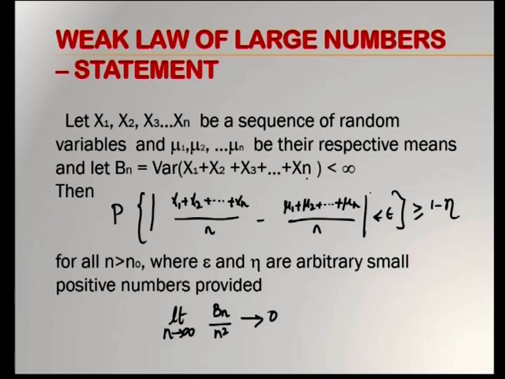If you take a sequence of random variables with their corresponding means mu1, mu2 etc. up to mu n, then the probability of the average of the random variables minus the average of their respective means less than or equal to epsilon is greater than or equal to 1 minus eta, for all n greater than n naught, provided limit n tends to infinity, Bn divided by n square tends to 0.